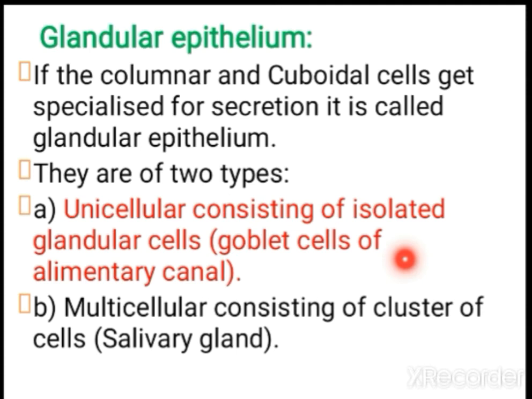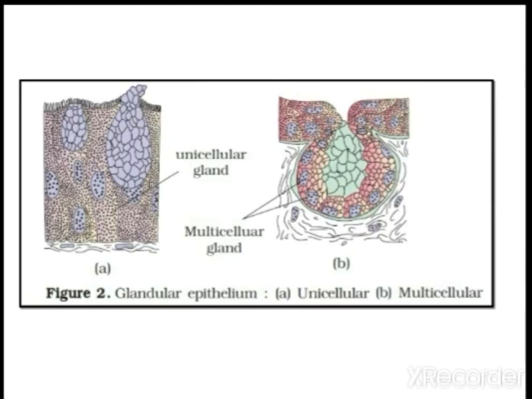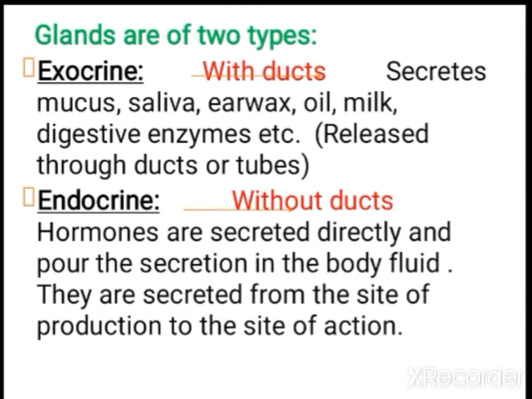Unicellular glands you can see in the alimentary canal, where enzymes and so on are secreted. So, goblet cells of the alimentary canal come under this category. Multicellular glands, for example, salivary glands. Unicellular and multicellular glandular epithelium have been given here in the diagram.